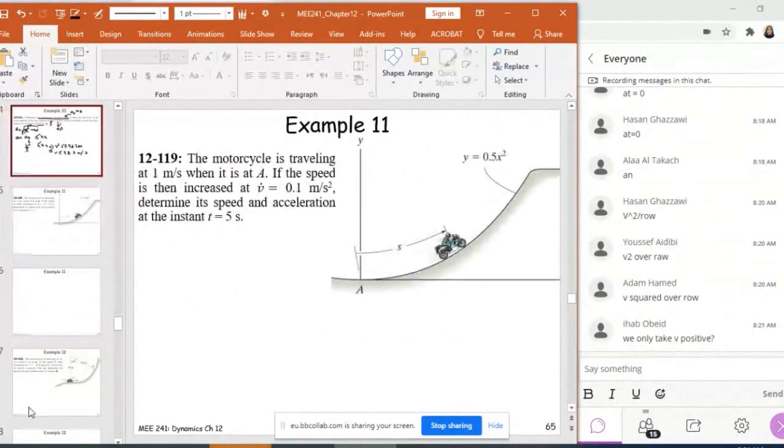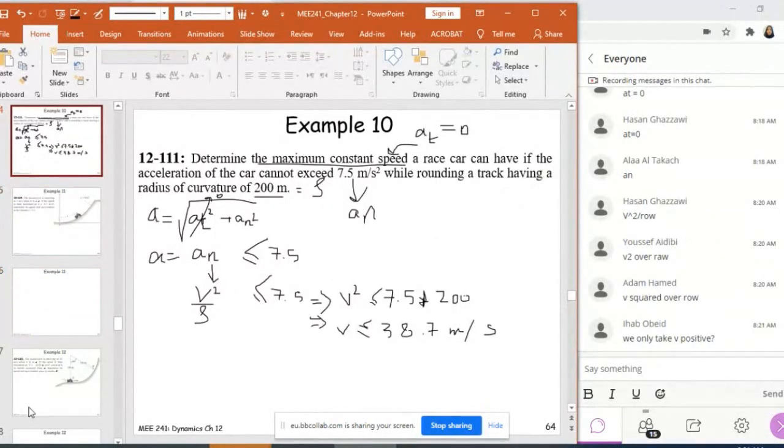I'm going to take v positive. Let's go back. Here they are talking about magnitude, all right? They are saying what should be the maximum constant speed. And I know that speed means magnitude. That's why I take it as positive. So in magnitude, v should be less than 38.7, all right?